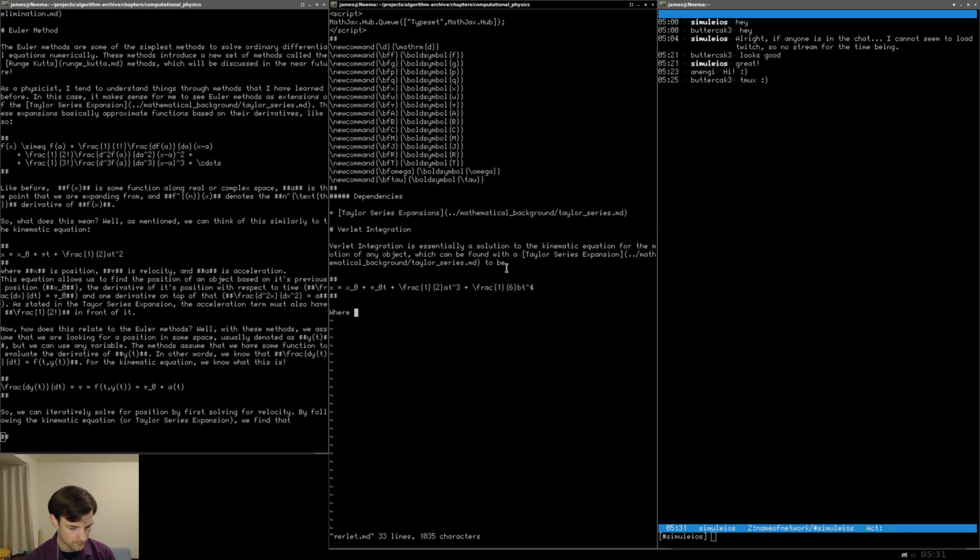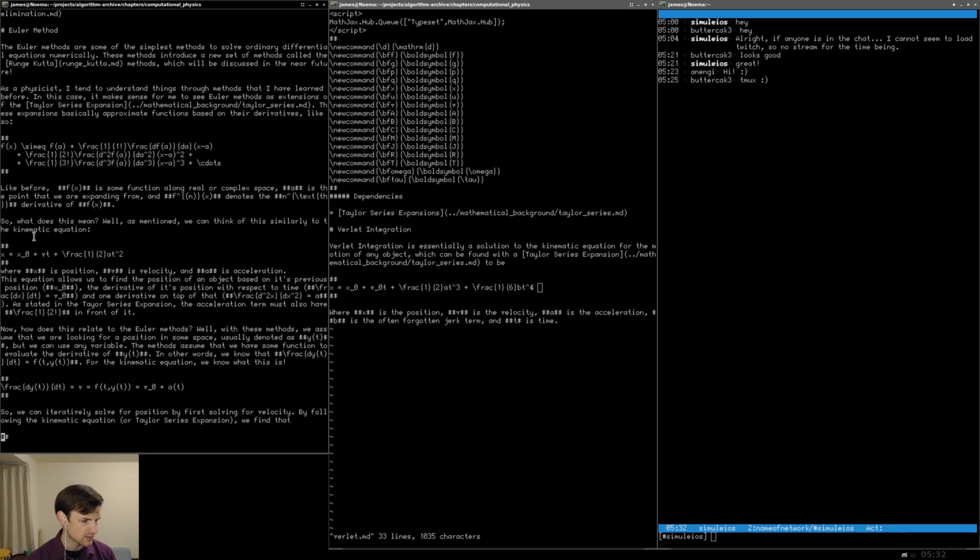Where I guess we'll just say x is the position, v is the velocity, a is the acceleration, b is the often forgotten jerk term, and t is time.